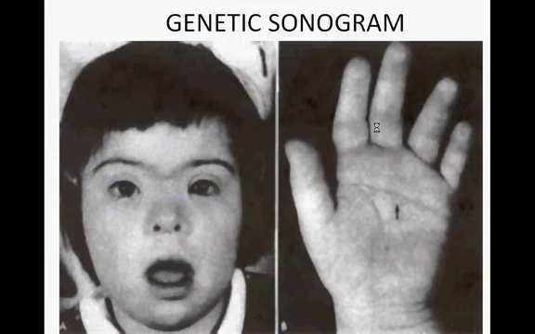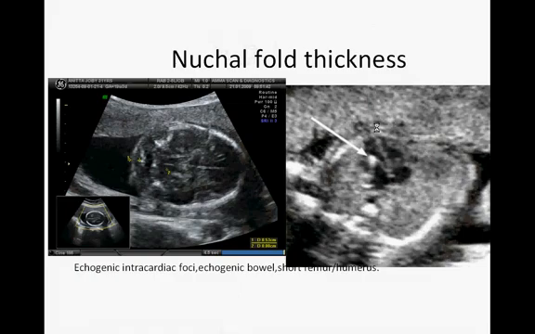Another area that needs to be discussed, that needs to be utilized in a TIFFA scan, is the genetic sonogram, the evaluation of the genetic markers. Some of the subtle markers can lead to the diagnosis of severe chromosomal abnormalities. The nuchal fold thickness is important in 14 to 22 weeks.